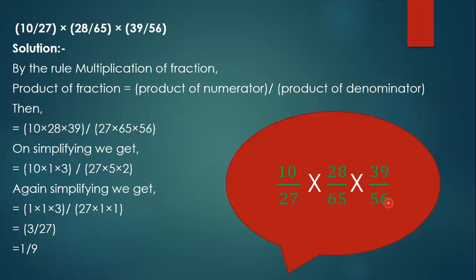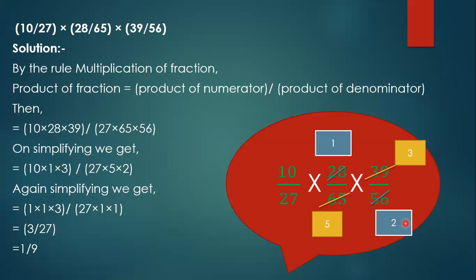It is 56. What am I going to write? I'll cancel 65 and 39. I'll write 65 5 times and 39 3 times. Similarly, 28 and 56. 28 goes 1 time, 56 goes 2 times.